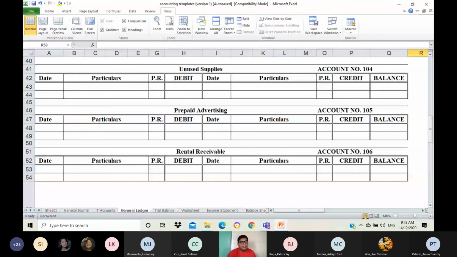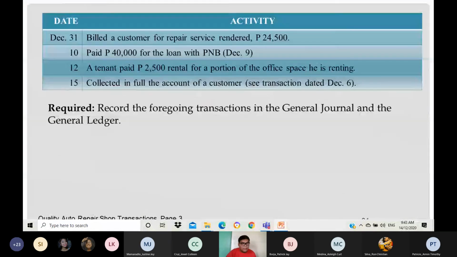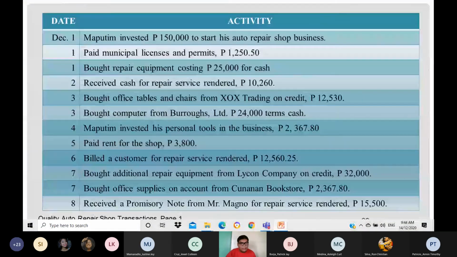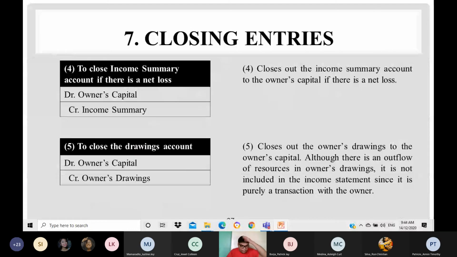Okay. So, after ng closing entries, magkakaroon ka naman ng preparation of closing entries sa general journal.